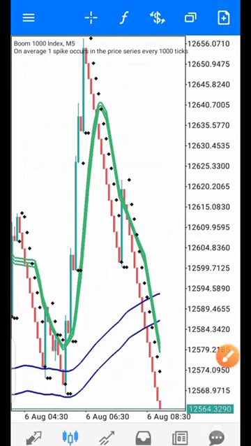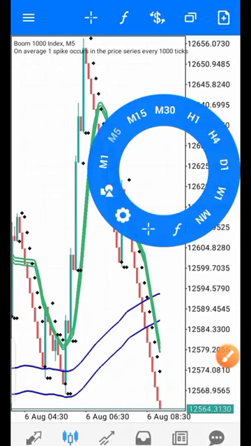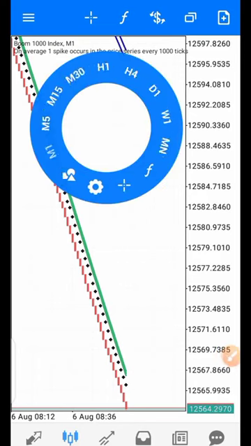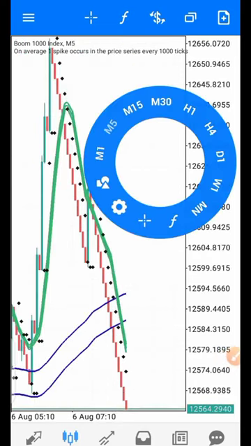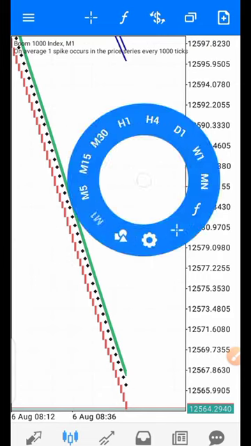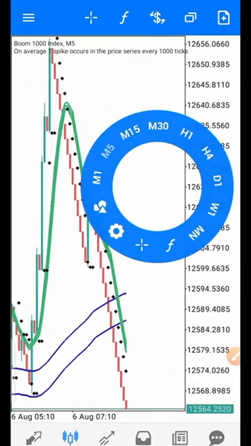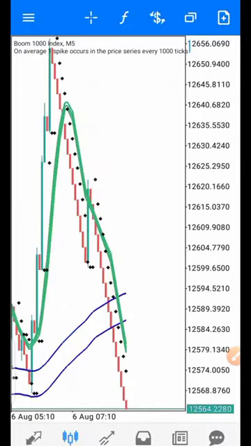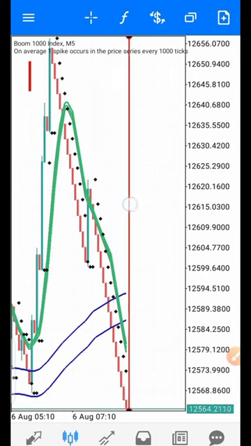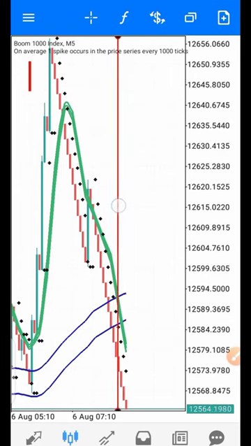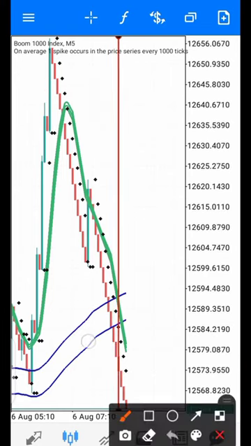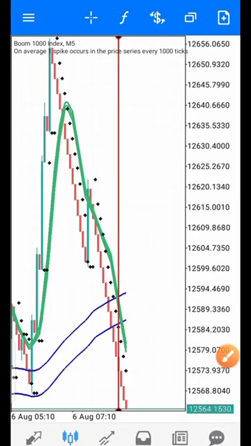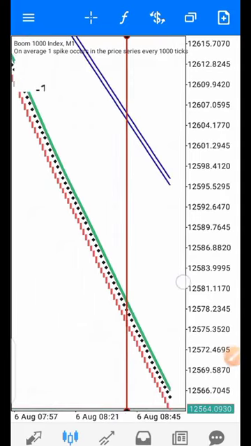So what we'll be waiting for, let me bring out the horizontal line. The breakouts start from here, because this is where the parabolic breaks the moving averages. So we go to the 1 minute time frame.